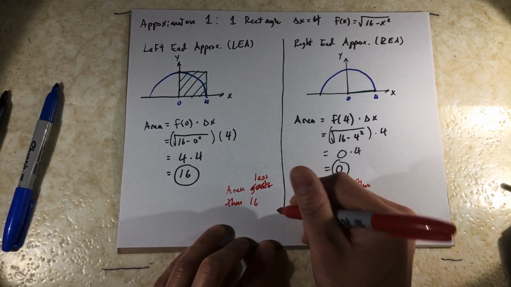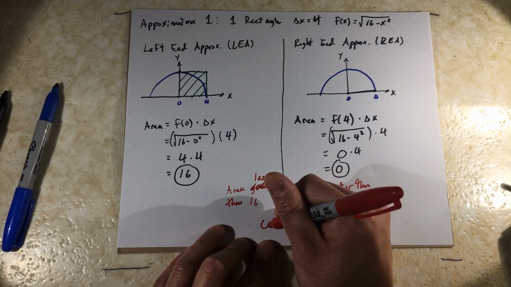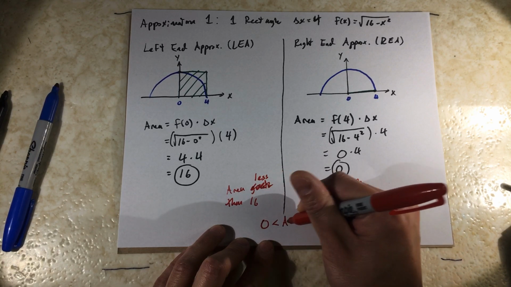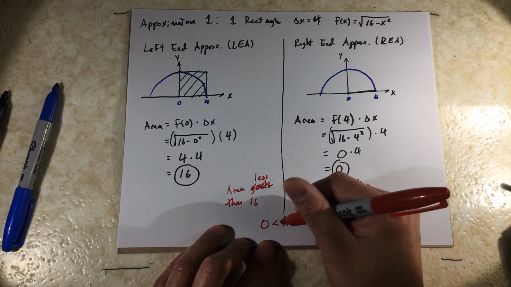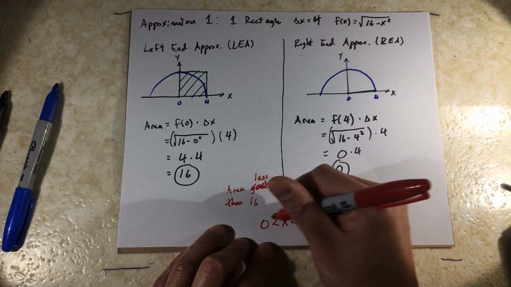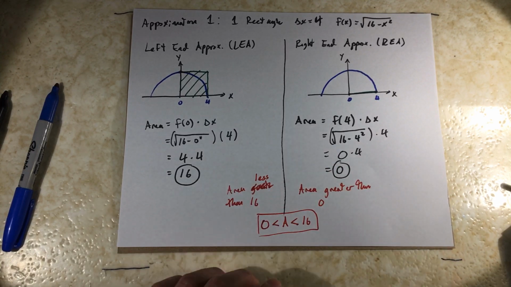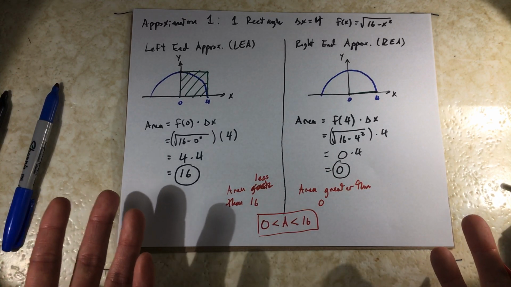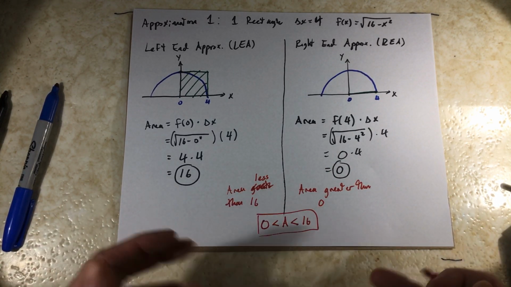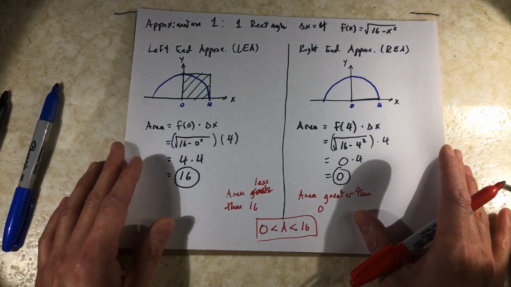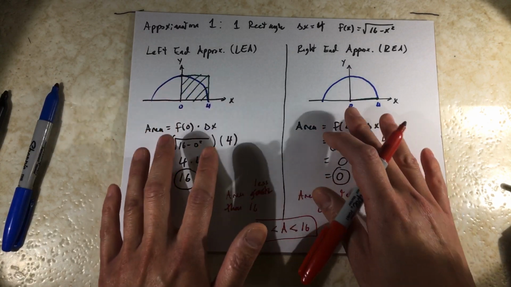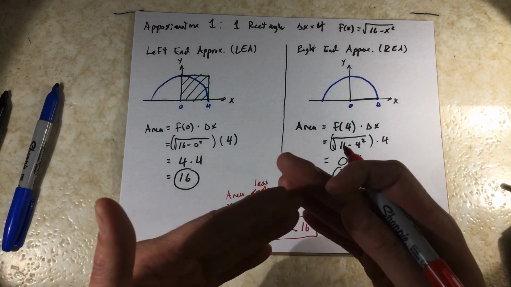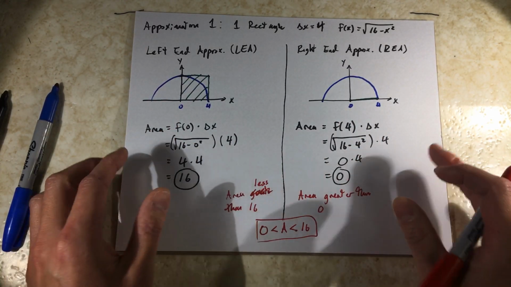So the way you could write this is 0 is less than the area, which is less than 16. So we've put a bound that our area has to be somewhere between 0 and 16. We'd like a better one, and that's basically why we're going to do additional approximations. But that's our strategy. We're going to do left end and right end, and we'll get kind of a limit, and these two upper and lower bounds should move closer together.